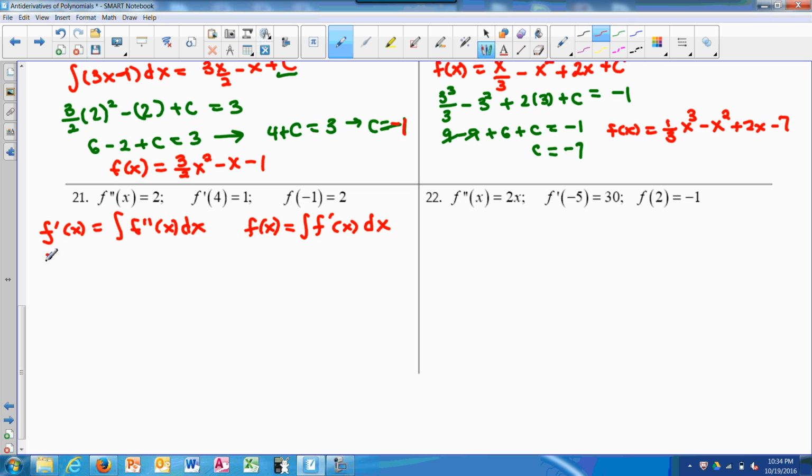So I'm going to start by finding f prime by going backwards from the second derivative, which is just the integral of 2 dx.